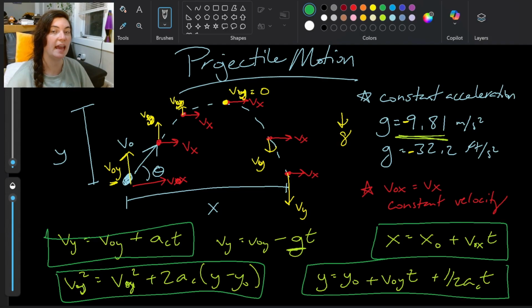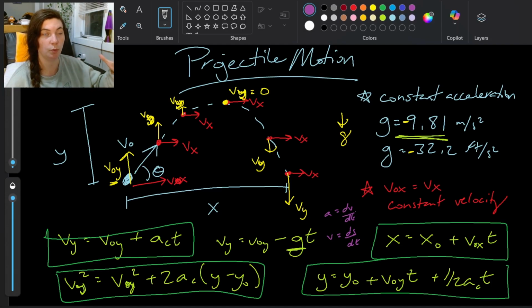Now, these can be derived. We can derive these from our relationships of a is dv dt, v is ds dt, substituting in x's and y's for those s's, for those position locations. And we could get these because we have a constant acceleration. We can do these integrals and we can get these kinematic equations.